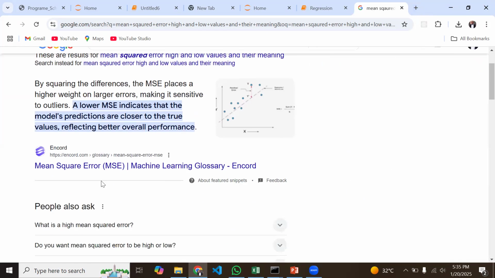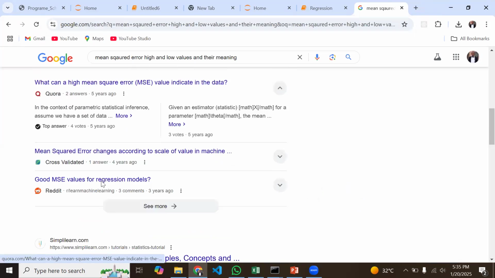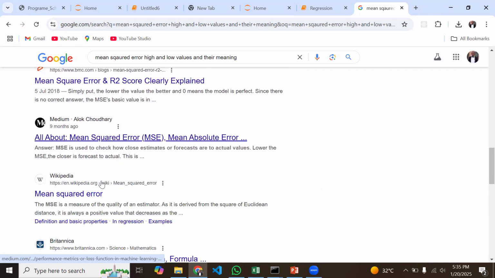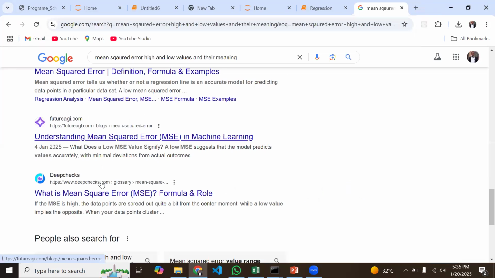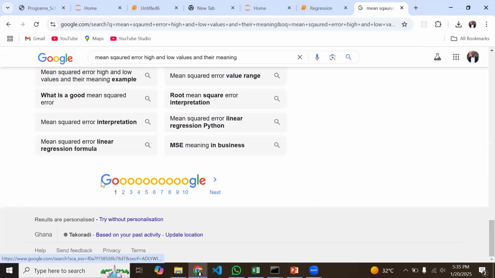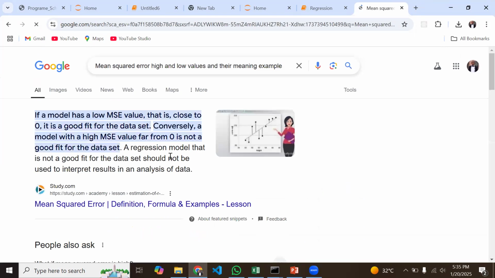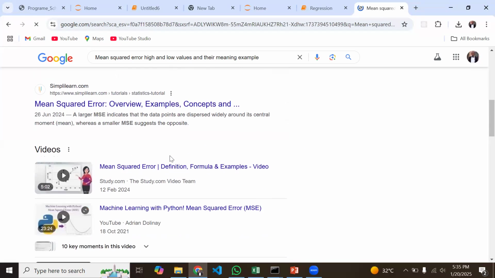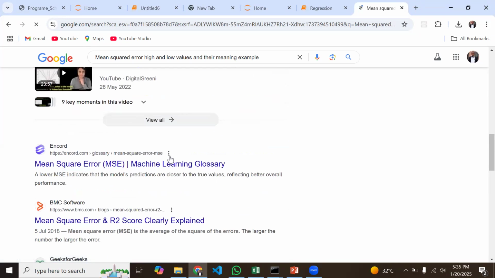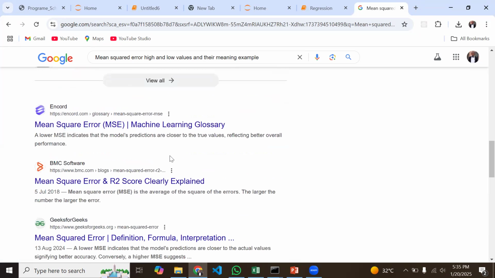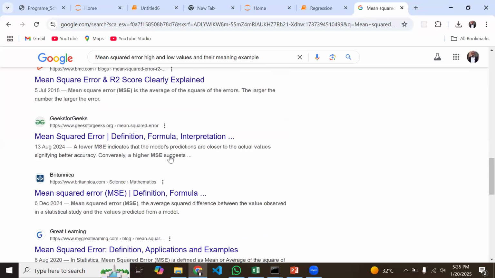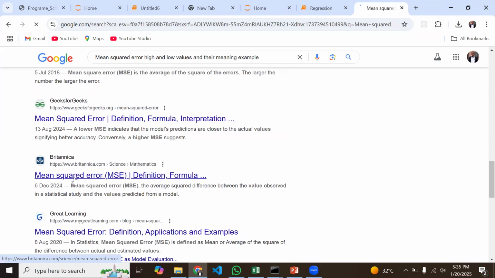Now let's look out for a very credible source to actually base our explanations on. Mean squared error, high and low values and their meaning example. Oh, it's giving me the same thing over here. Okay, let's go to Britannica.